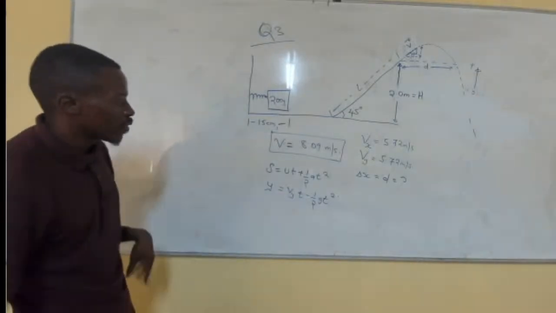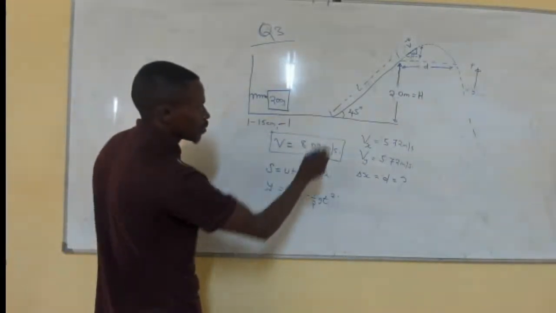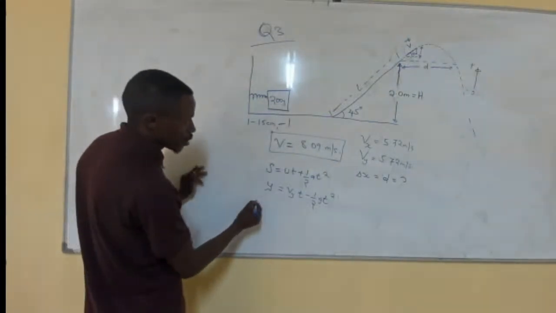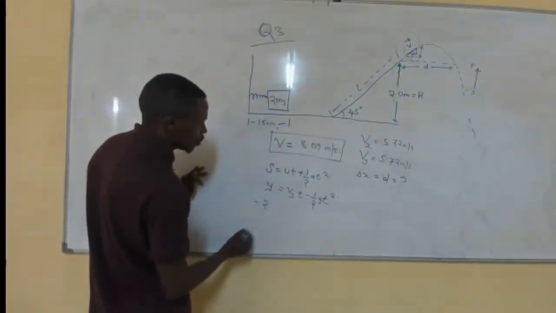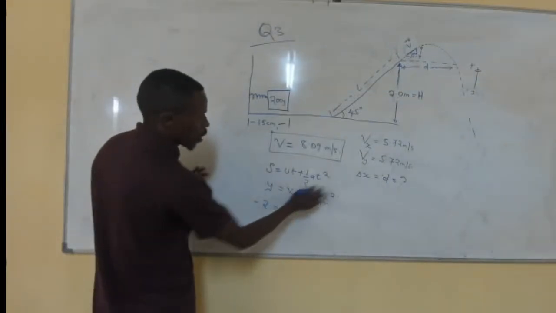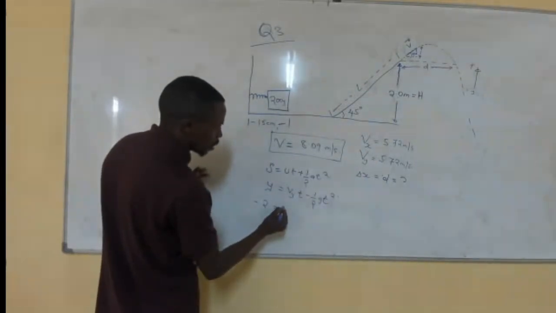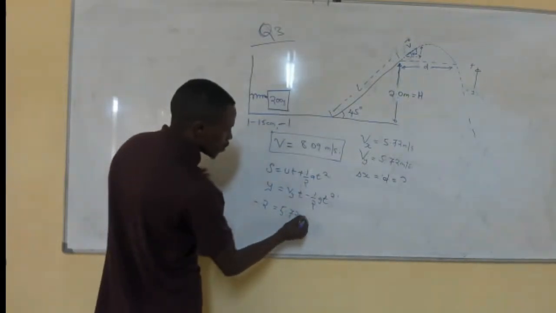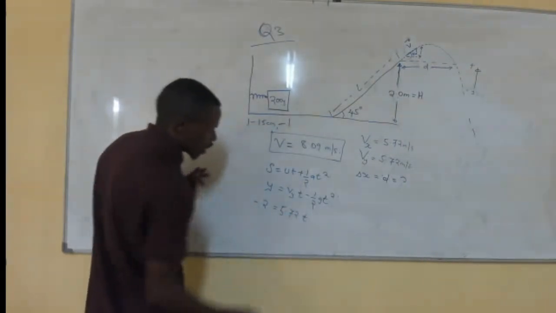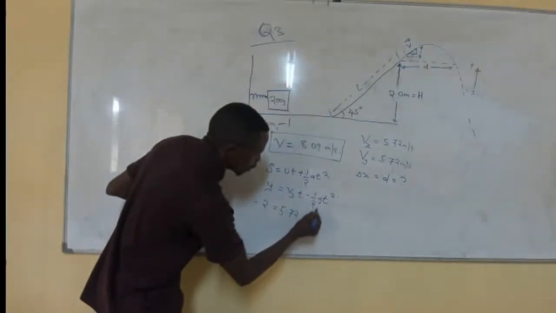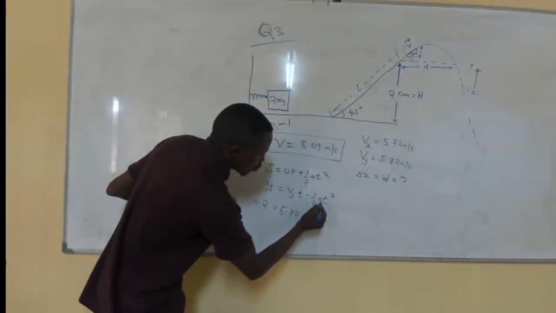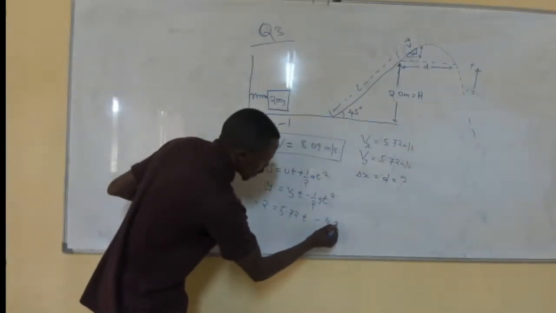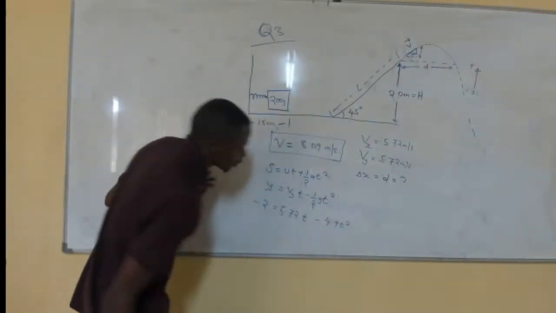If I put in the values, y is my distance, but it's going downward before it hits the ground, so y is negative: negative 2 is equal to Vy, which I already found to be 5.72, multiplied by t, minus g is 9.8, and if I halve it, it's just 4.9 t squared.